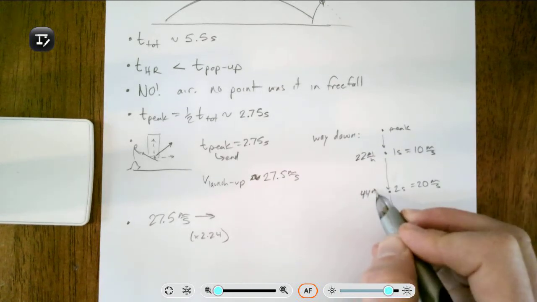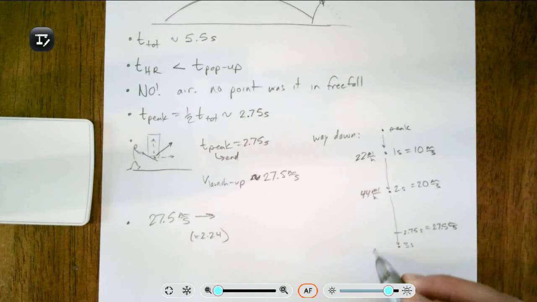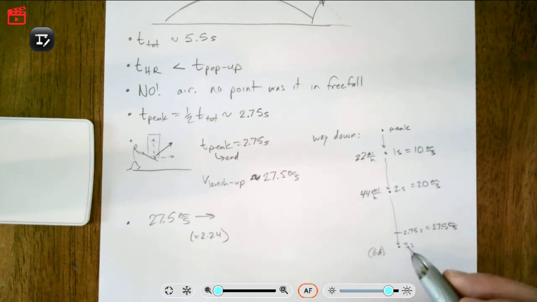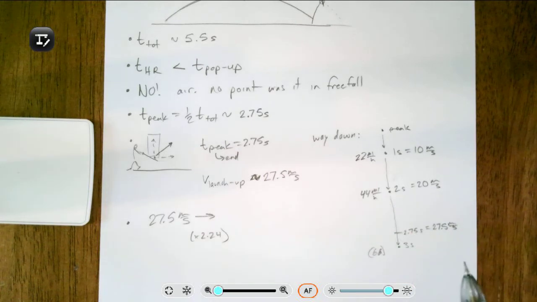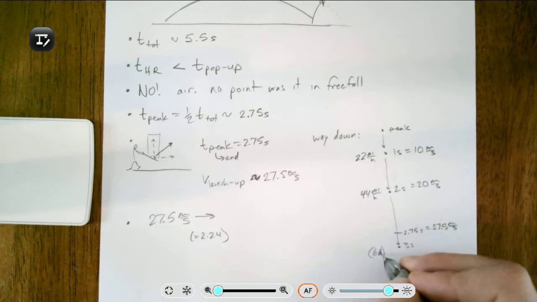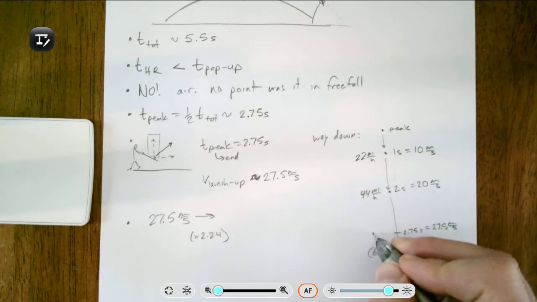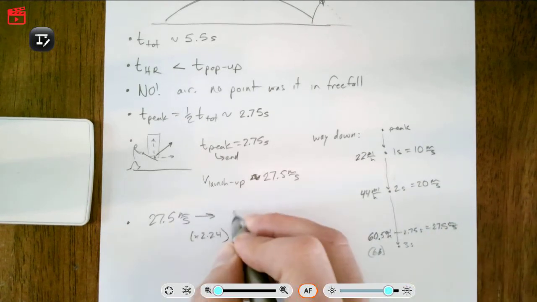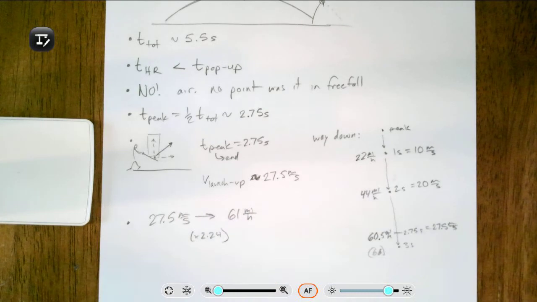At 2 seconds, it's at 44. At 3 seconds, it would be 66, but it didn't quite get there. It was 3/4 of the way to it. So if you take your 22 and roughly break it up into quarters, you get 5.5 each. So this one comes out to about 60.5 miles per hour. So you're going to get somewhere around 61 miles per hour.